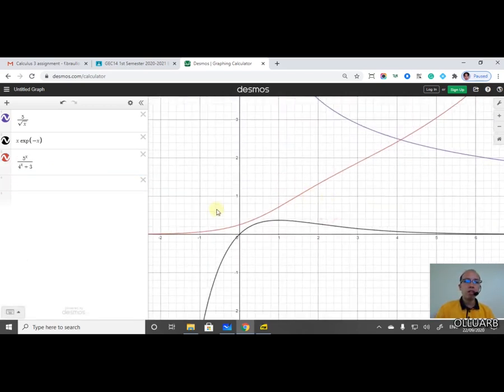Notice in the red one, as n approaches positive infinity, the value of the function increases.